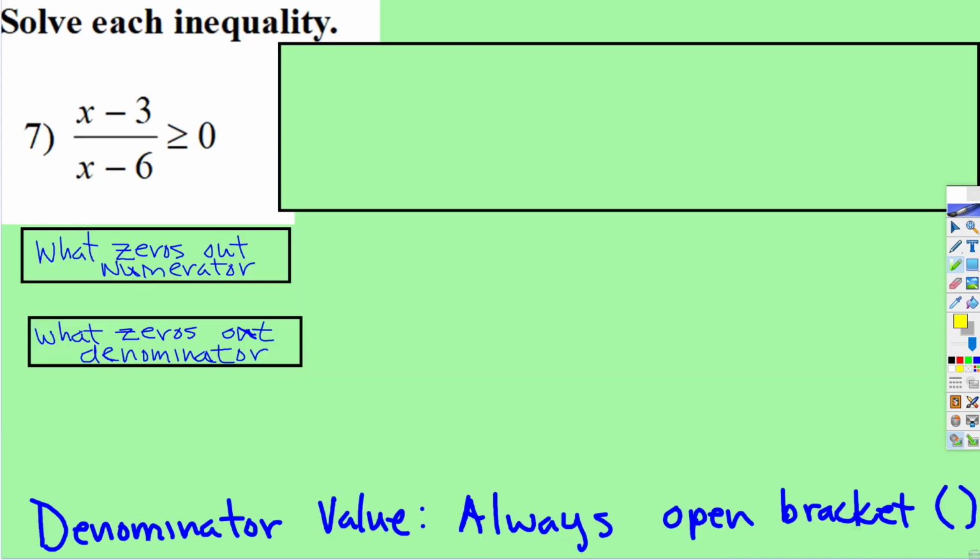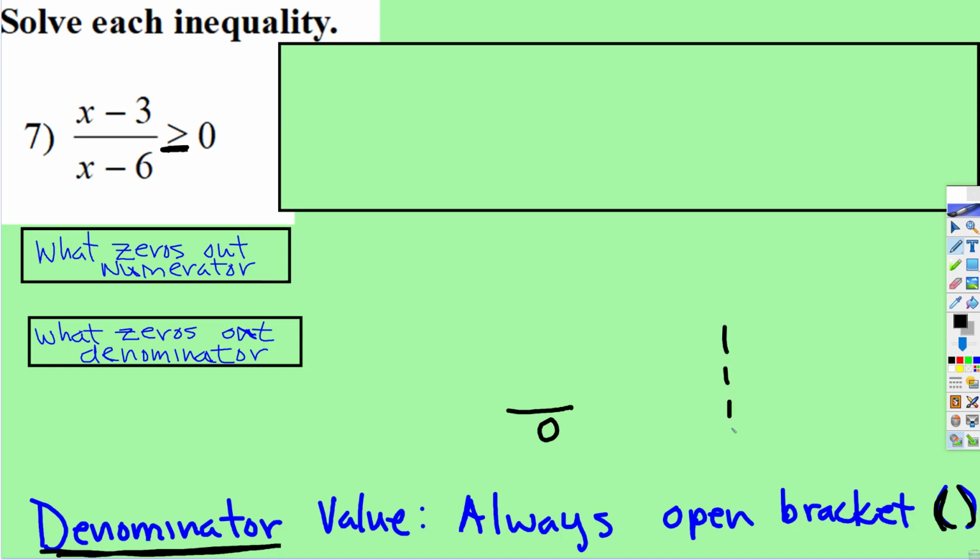All right, one more real quickly. Now we've got this rational inequality. Here is something very, very important. For the denominator value, even when there's a solid bar, whatever zeroes out the denominator will always have an open bracket, because if you zero out a denominator, remember, something divided by 0, you get a calculator error.